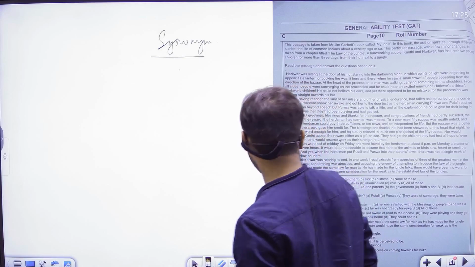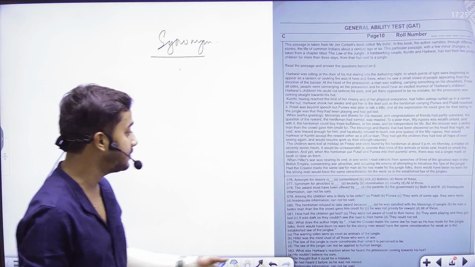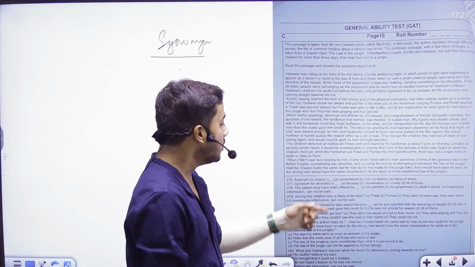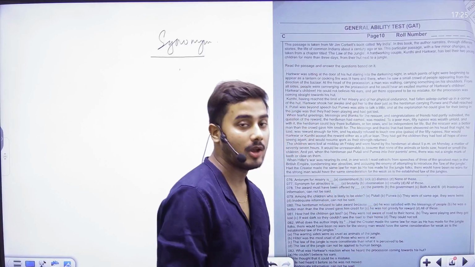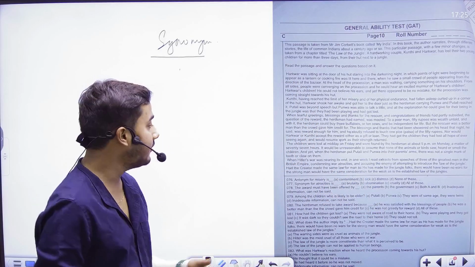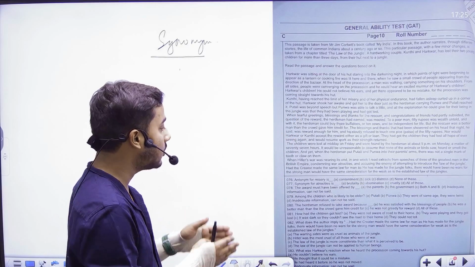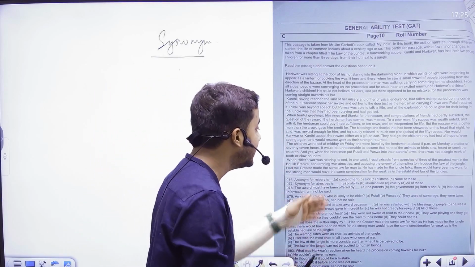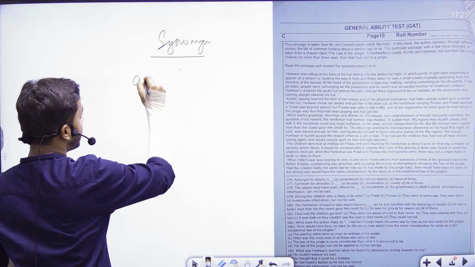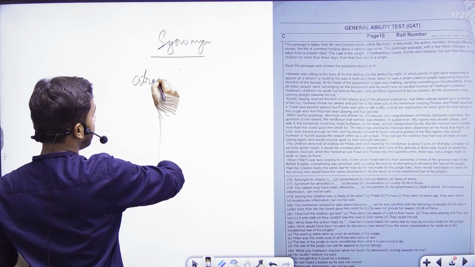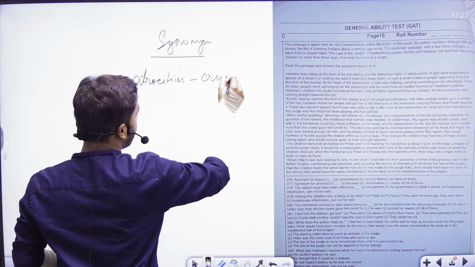The word we have been asked about in the question paper is atrocity. Atrocity goes with brutality, abomination, cruelty, all of them. So we can go with cruelty because cruelty is the word that defines atrocity best, right? So the synonym for atrocity can be cruelty.